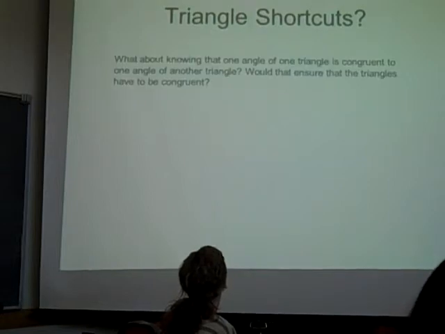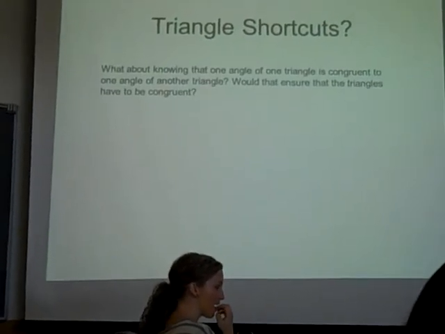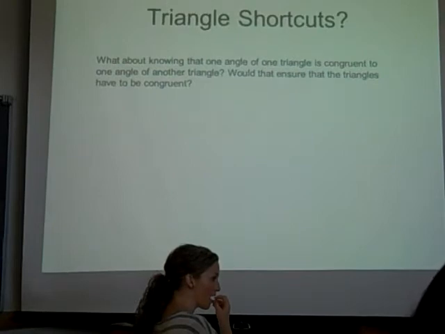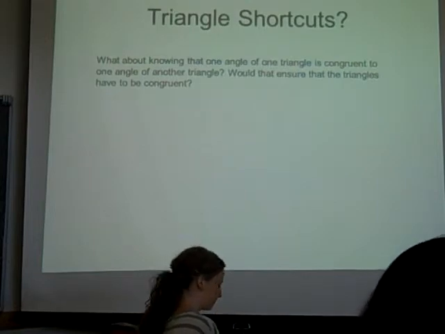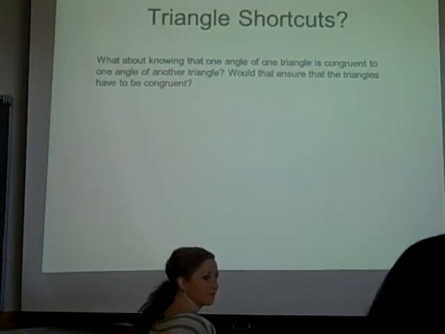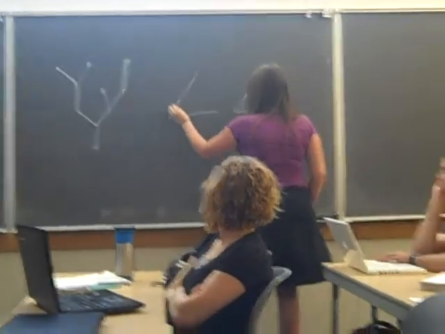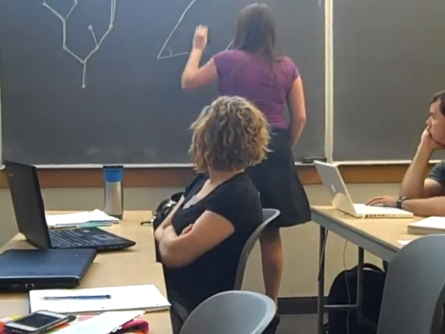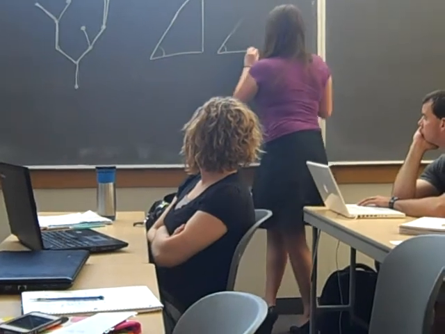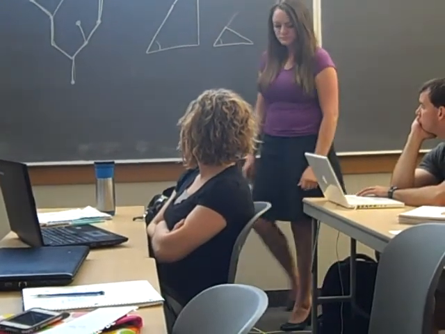All right. What about knowing that one angle of one triangle is congruent to one angle of another triangle? Would that guarantee that the two triangles have to be congruent? You shook your head pretty fast. Have you got a picture of a counterexample you could draw for us? Okay. Do the two angles look like they're about the same size?